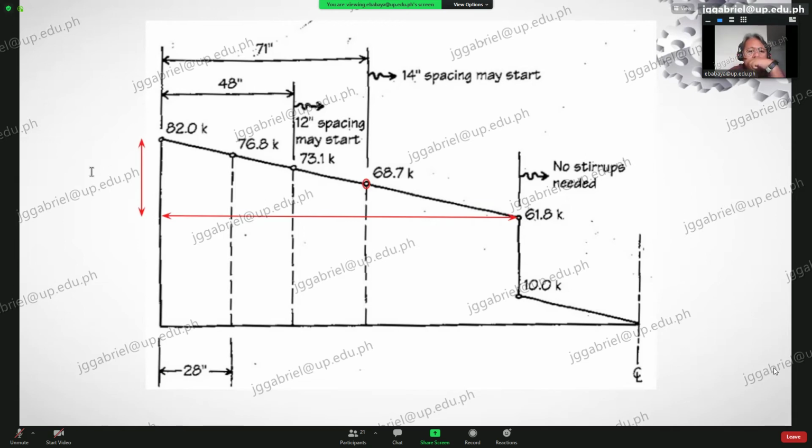Here, how do we get the value of that? So that would be 82 minus 61.8, right? How much is that? So that's 1.2.